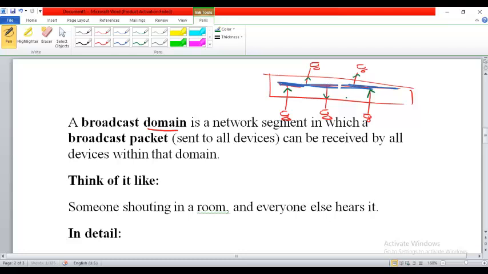In a switch by default, there will be only one broadcast domain. Meaning there is one path connecting everyone to take the traffic to all.